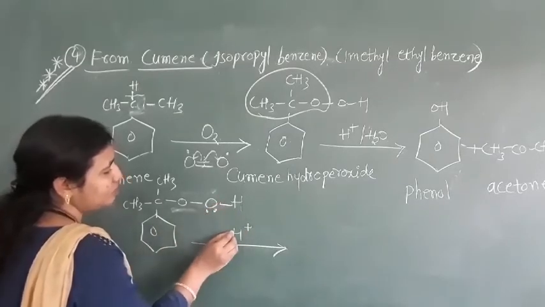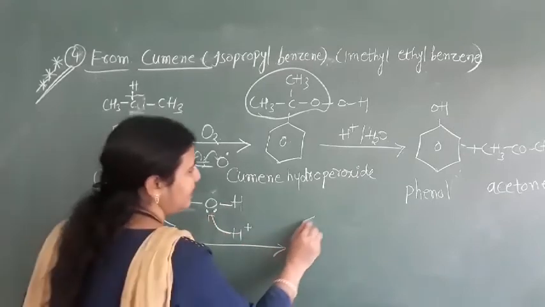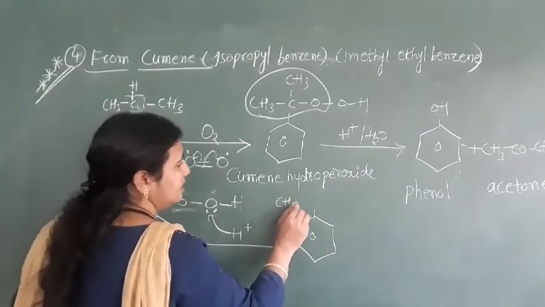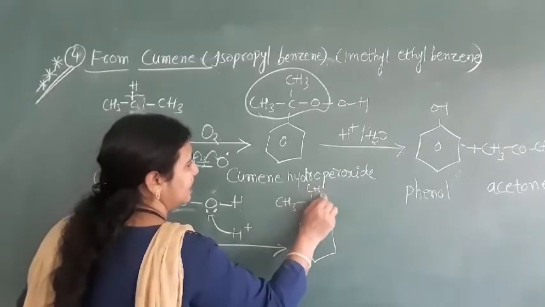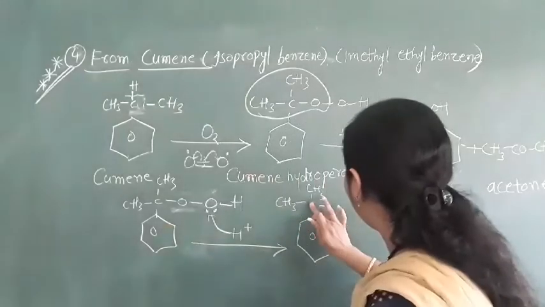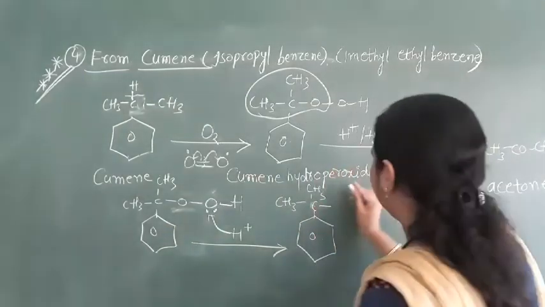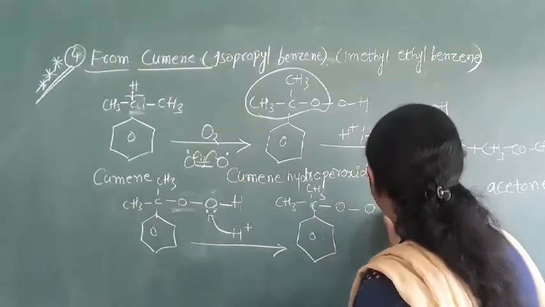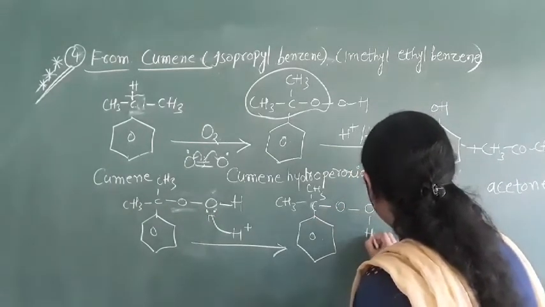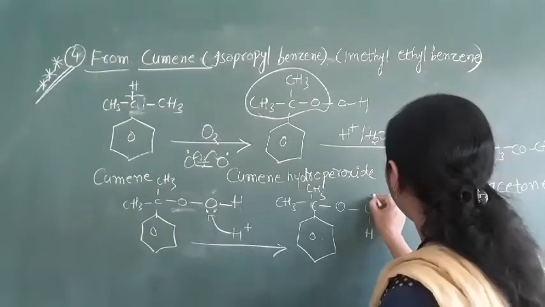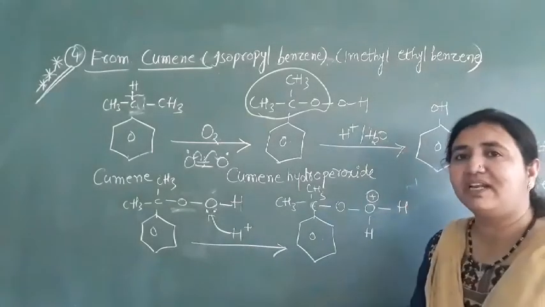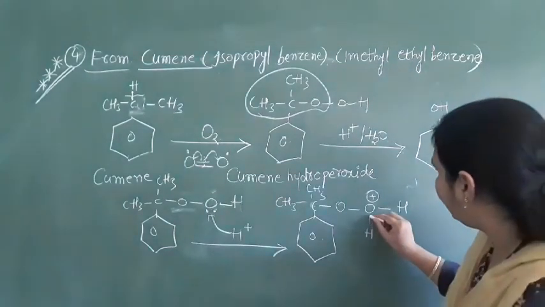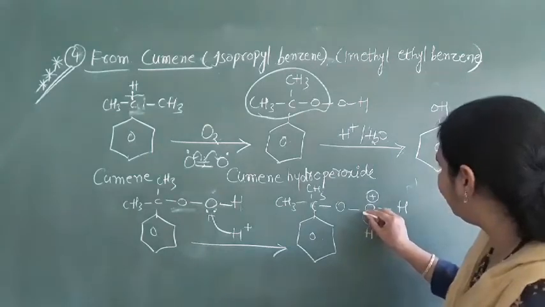So this H plus will join to this oxygen, and we will get CH3, C, CH3 as it is. Now H will join to this oxygen, and a plus sign will come on this oxygen. But on oxygen, plus means it is unstable, so it will take the electron from the neighboring hydrogen.